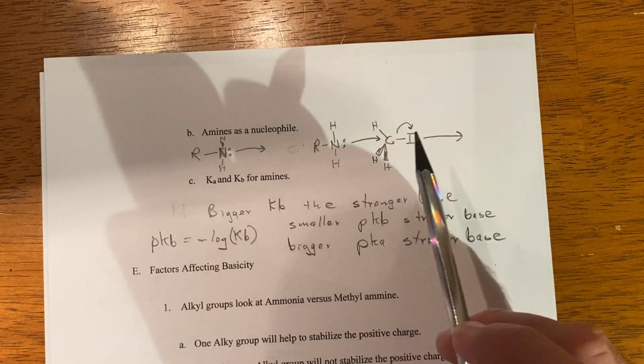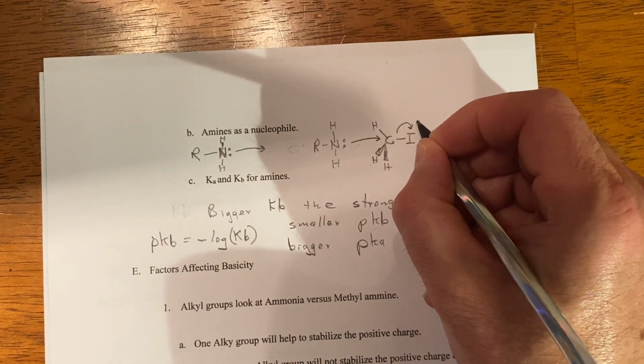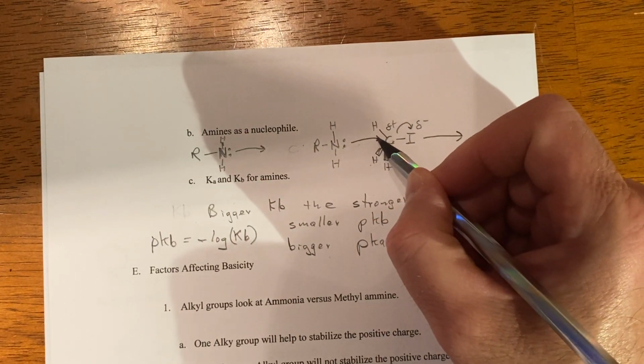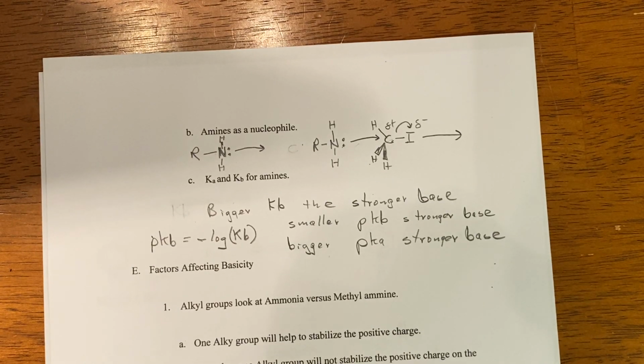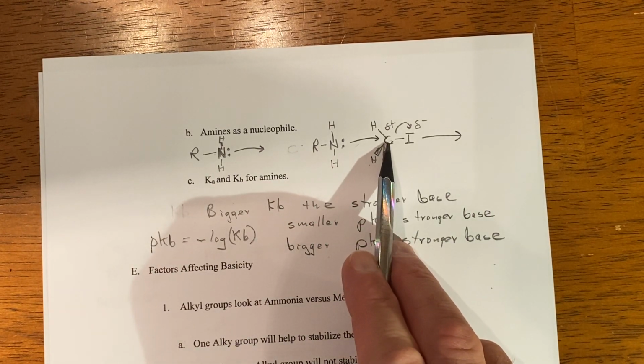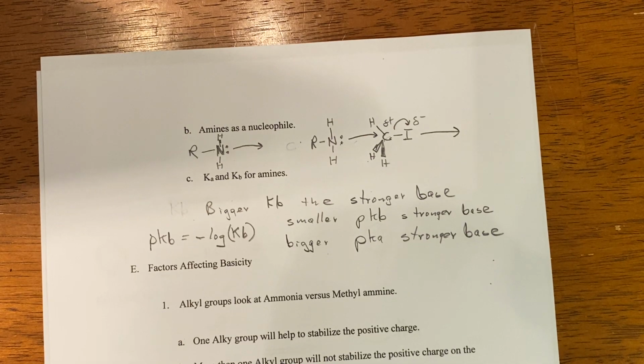The iodine is a leaving group. Remember, this is a polar bond, so that carbon is a good electrophile and the nitrogen is a good nucleophile, and the nitrogen donates its electrons, so it's behaving as a Lewis base, and the methyl halide is behaving as a Lewis acid.